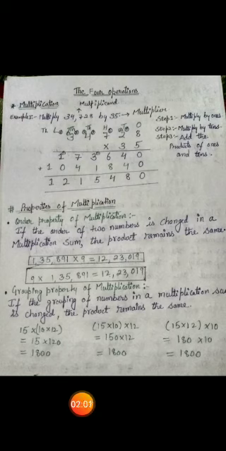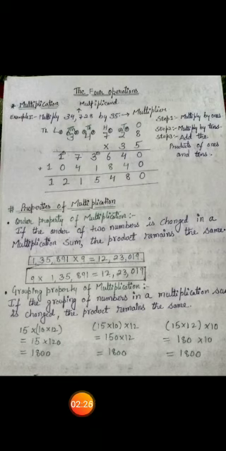Now we change the positions: 9 is our multiplicand and 1,35,891 is our multiplier. Again we get 12,23,019. This means changing the position of multiplicand and multiplier does not affect the product.